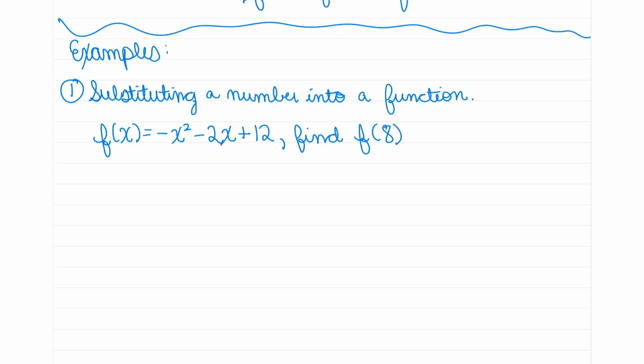What that means is that we are evaluating the function f at x equals 8, which means that everywhere that there is an x in our function, we are going to replace it with an 8. And then we are going to follow the rules of order of operations, and we are going to evaluate this function. So let's go ahead and plug this in.